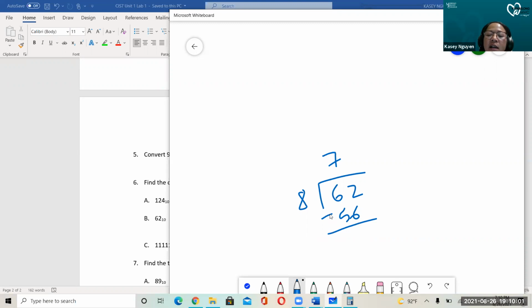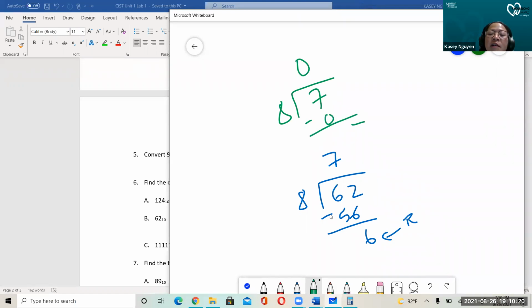Subtract that, you should have a 6. That's the remainder. Since we still have the quotient there, the next step is we're going to take 7 and divide it by 8, which gives us a 0. 0 times 8 is 0. Subtract that, you should have a 7 as the remainder.